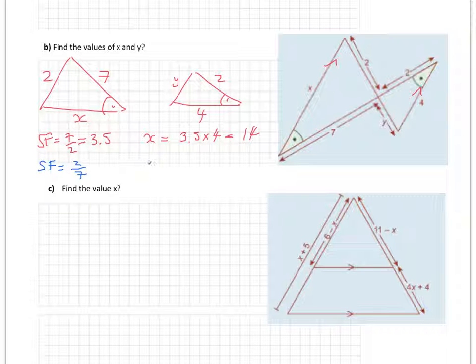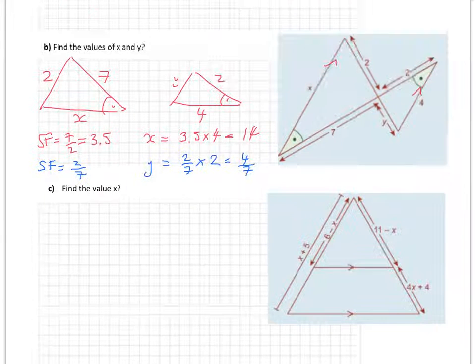My y value is going to be the 2 that I've been given, that corresponds to the y, multiplied by my scale factor. So I get 4/7. I'm not even going to bother getting a calculator out, it's 4/7 of a unit.